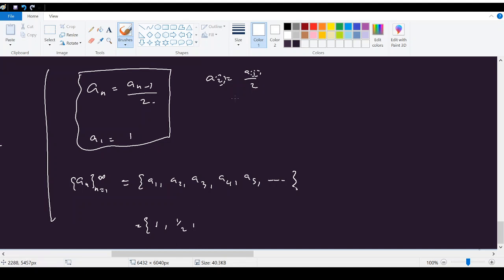And to compute a3, we need the value of a2, right? a2 divided by 2, that's how we have defined it. So that will be 1 over 2 divided by 2, right? So likewise, the main point here is that to compute a certain term, we need the values behind.